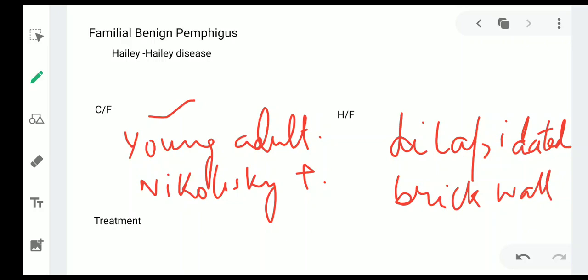Now coming to the treatment, mild corticosteroids or topical antibiotics such as clindamycin, tetracycline or erythromycin can be given for this condition. So this was all about pemphigus.